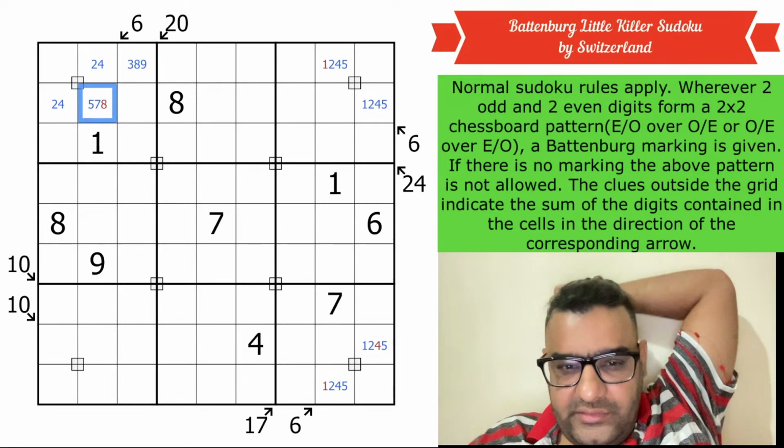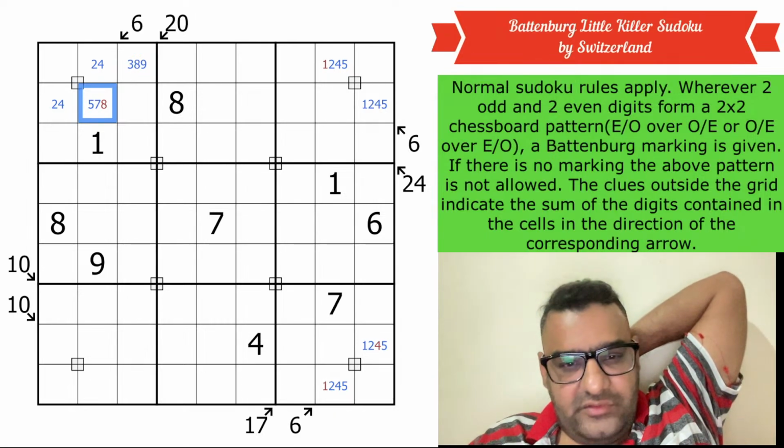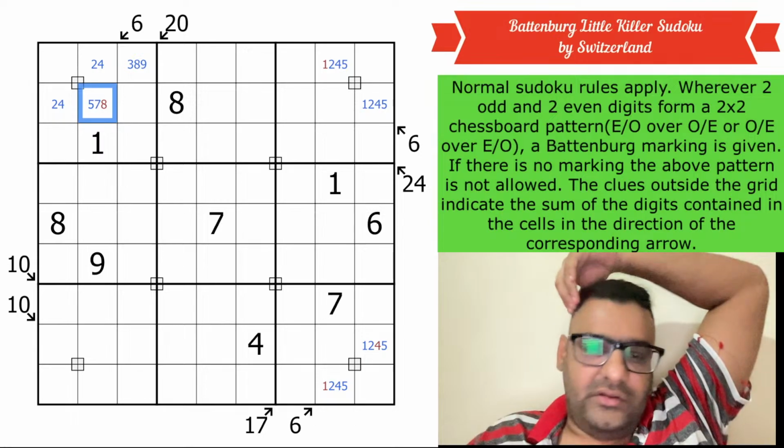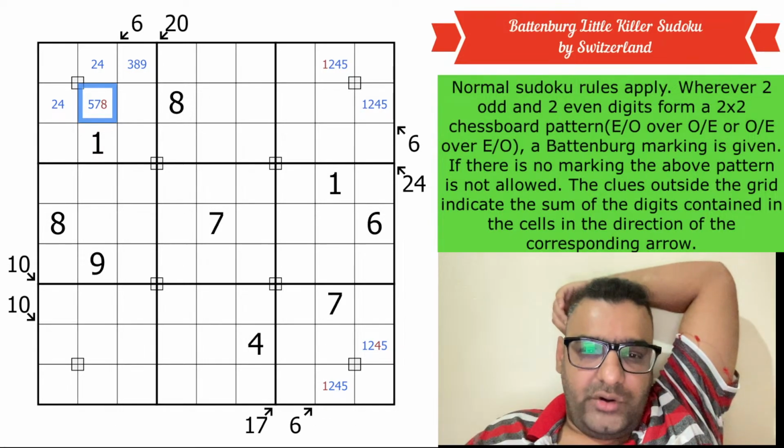If we add 6 here, then 6 and 7 is 13, and we have to add another 7 to make up a 20.